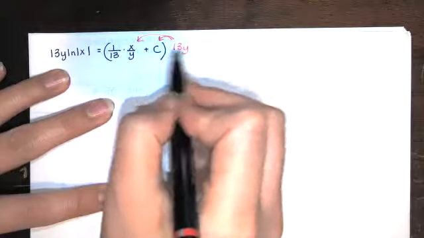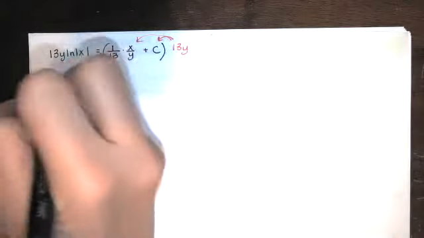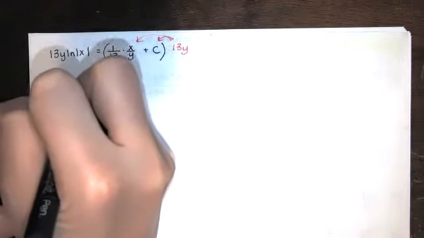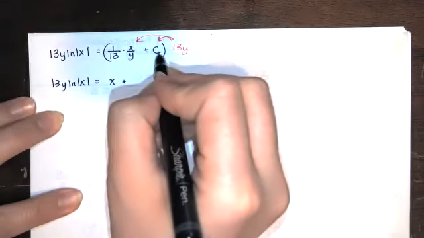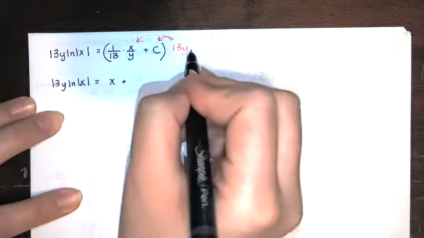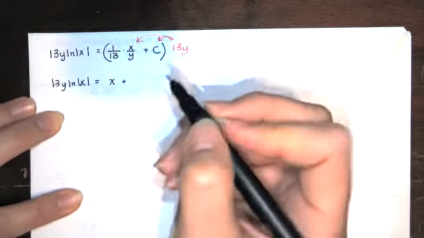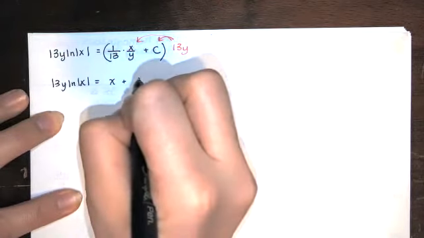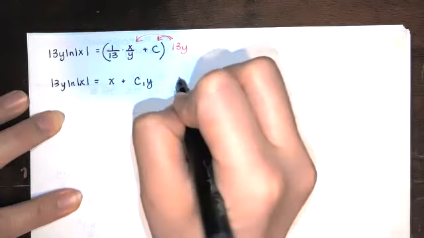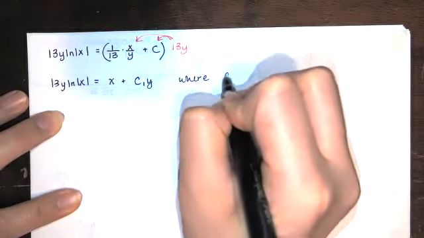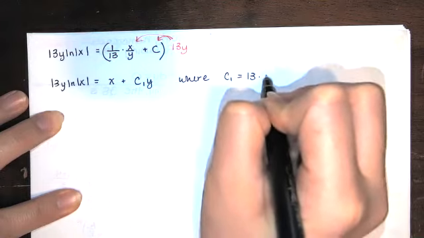When we multiply this side by 13y, the 13y here and the 13y there will reduce, and so we'll just have x. And 13 c times y, that's what we get here. I would just call that a different c times y. So c1 is just 13 times c.